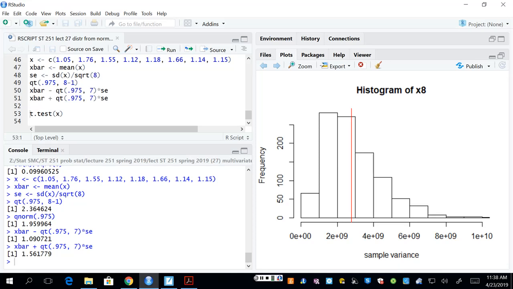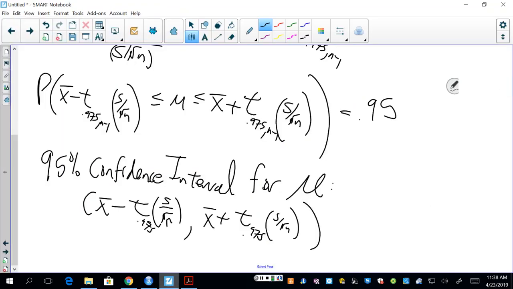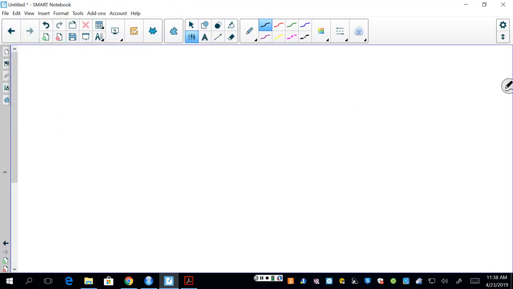Now, our book has historical notes, right? It's called Student's t-distribution. The original article that described this, the author was just a student.